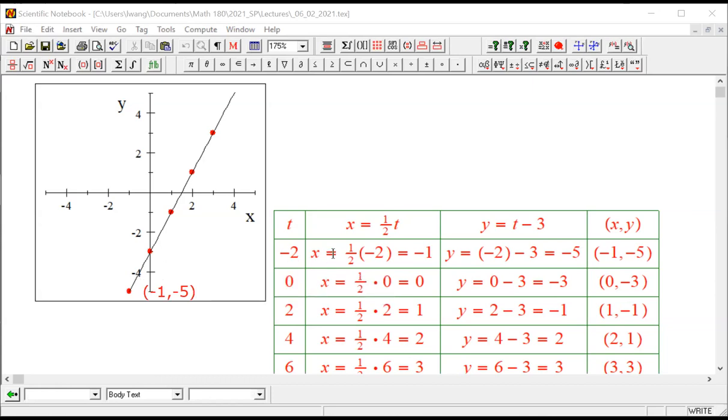I want to give you the complete answer. It's 0, -3. That point is 1, -1. And this point is 2, 1. And that point, 3, 3.